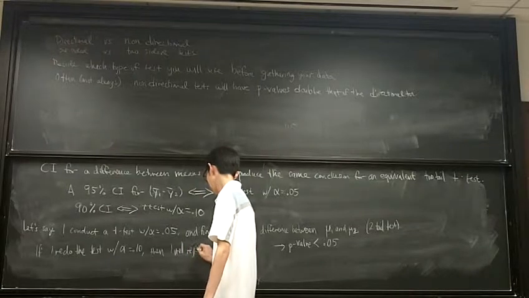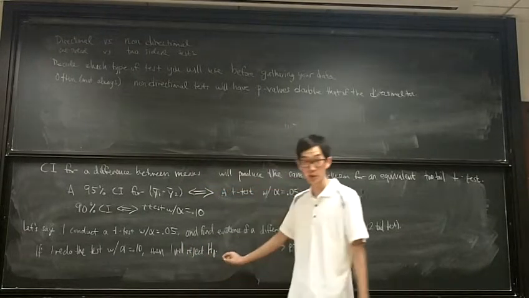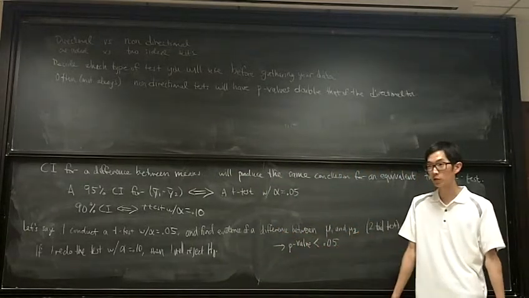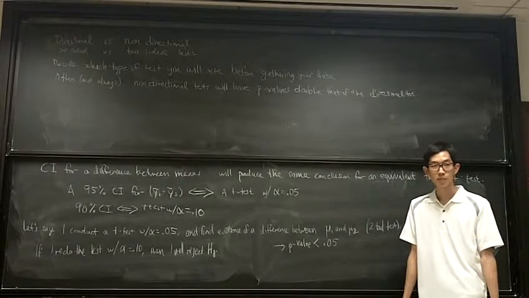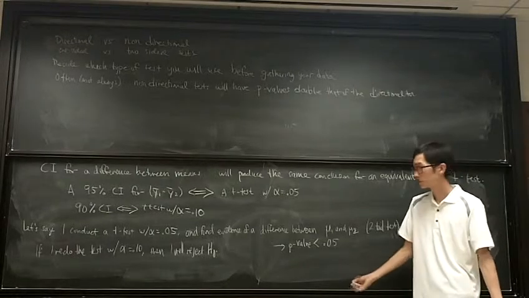I want to make sure that's okay with everyone. What if I did the test with alpha equal to 1%? Do I reject or not reject? We don't know. You can't tell.